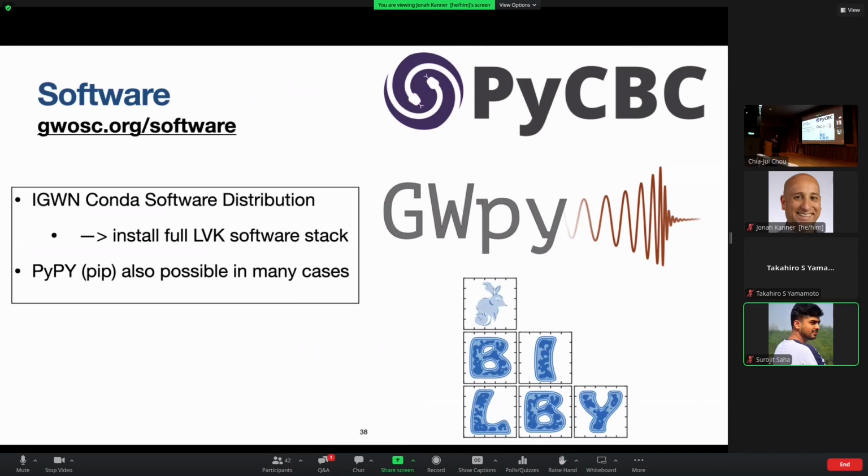Many of them are available through pip, so if you want a pip install, that's fine. In general, what we recommend is this IGWN Conda software distribution, and there are instructions there for how to set that up on your laptop if you're looking for these software packages. I should say some of these packages, in fact, the ones listed here, are ones that we'll be trying out over the next few days as part of this workshop.